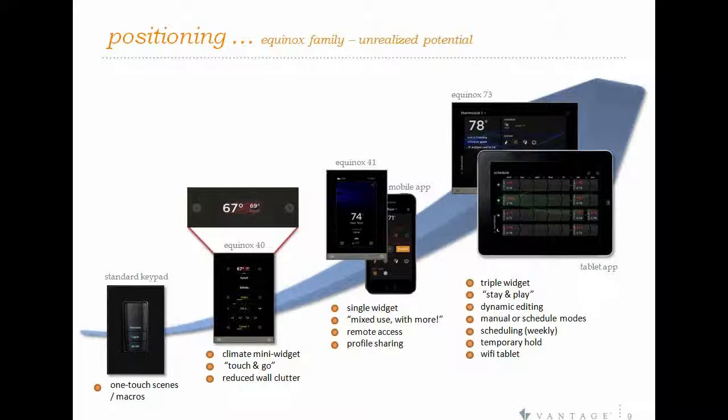Hold would mean you're in a schedule, it's currently at 75 degrees, and in its schedule it's going to jump to 78 in a few hours perhaps. Hold allows you to temporarily override, and say, I'm a little cool or I'm a little hot. You can do that from a 7.3 or from one of the apps. But maybe you don't need too many of the 7.3s, okay? We understand that.